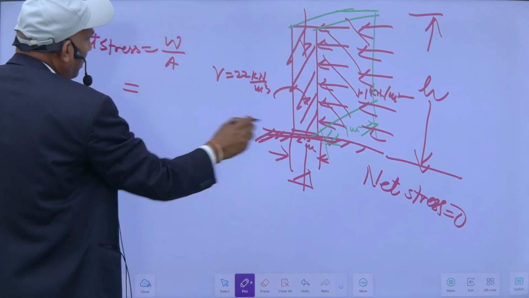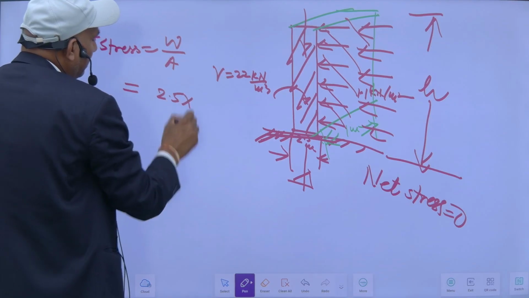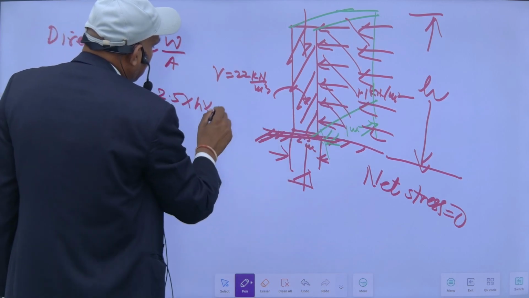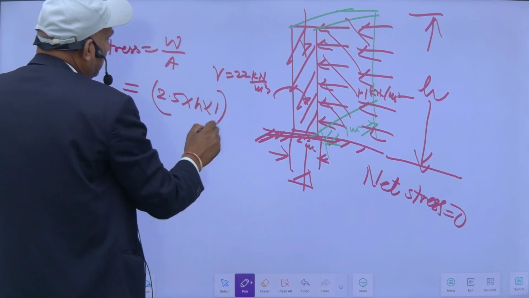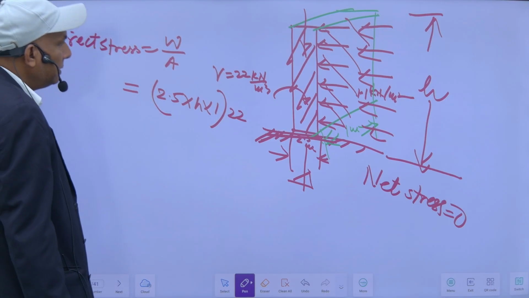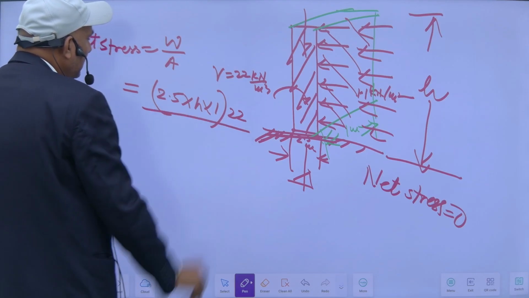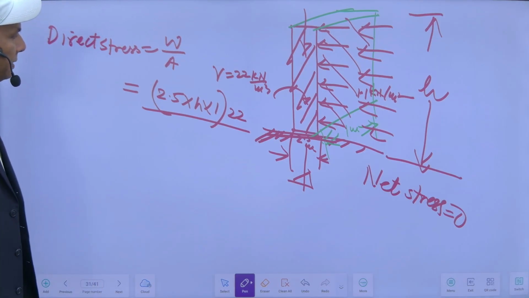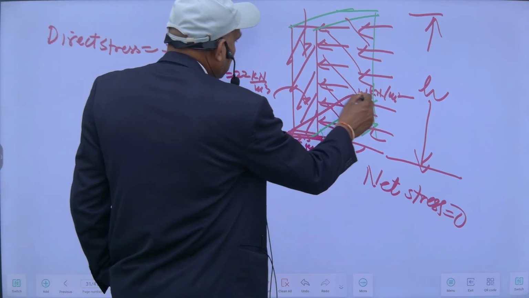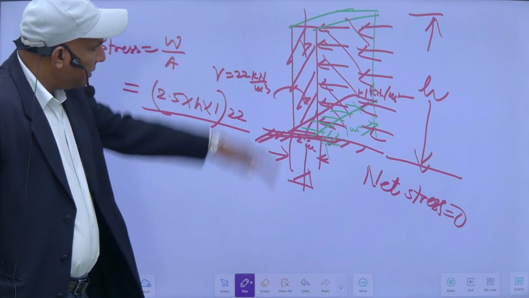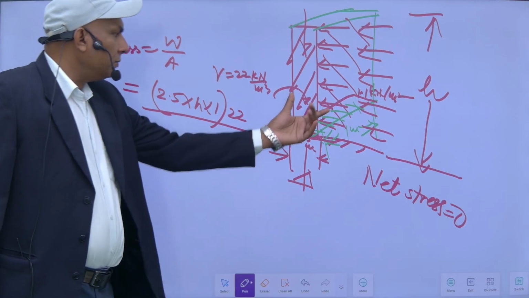Its volume is 2.5 into this height H into this length 1. The volume into 22 will become the weight. So this will be the weight divided by its area. Area means this area, 2.5 into 1.